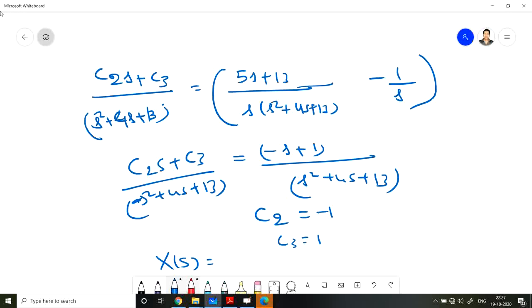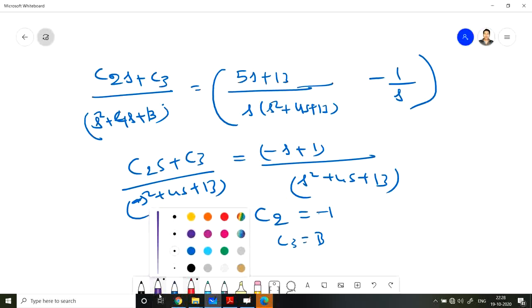Please check that, yes, c3 we are getting is 3. So what is x(t)?